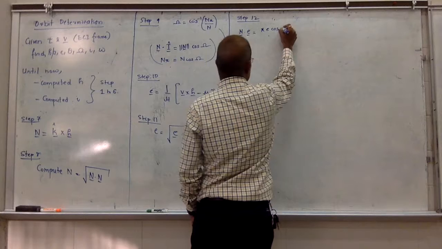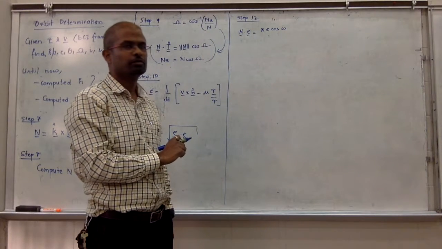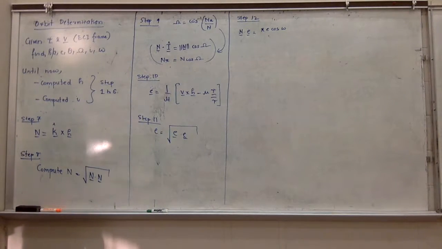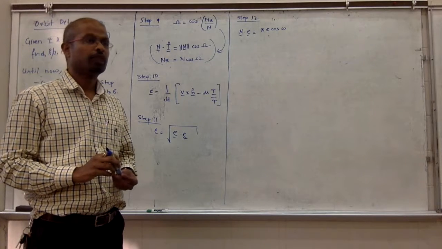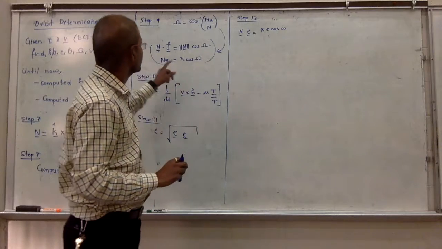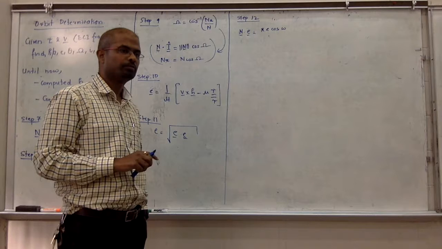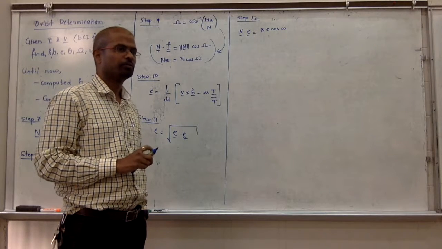Exactly. It is the angle between this N vector and this E vector. The perigee direction is the E vector. Whether you take it as this E or the unit vector E, you're still going to get the same angle.